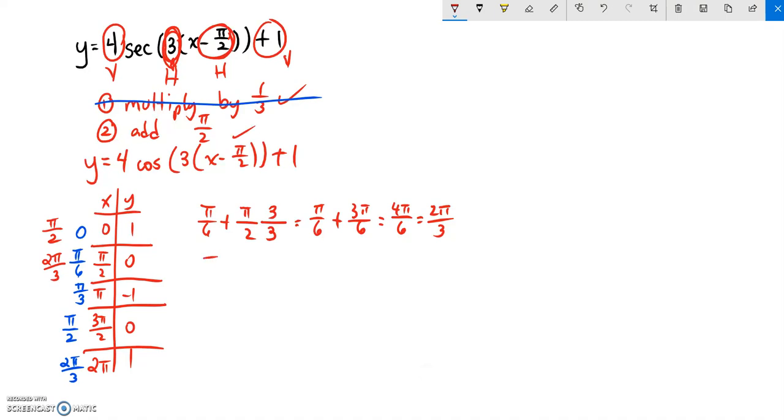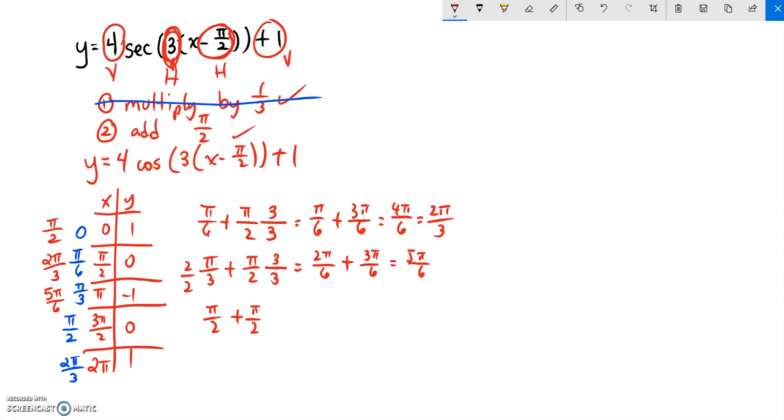We will continue with the same steps. Pi over 3, we need to add pi over 2. I need a common denominator. This time, I need to multiply this by 3 over 3, and the left fraction by 2 over 2. And we will get 2 pi over 6 for the left fraction, add 3 pi over 6, which gives us 5 pi over 6. So this is now 5 pi over 6. Next step is pi over 2 plus pi over 2.